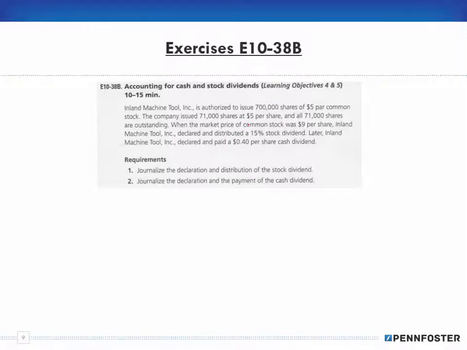Okay, it says the company issued 71,000 shares at $5 per share, and all 71,000 shares are outstanding. When the market price of the stock was 9, Inland declared and distributed a 15% stock dividend.